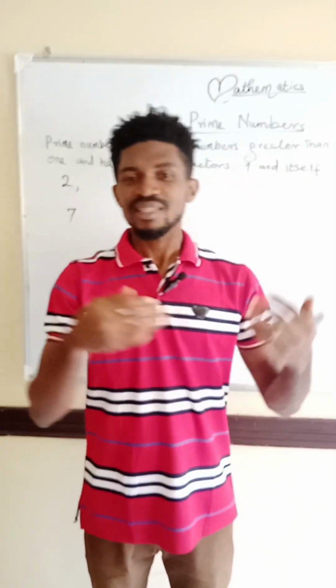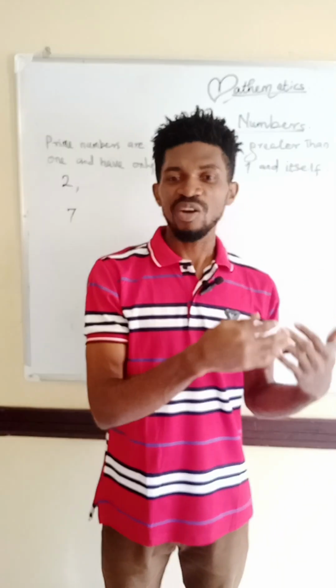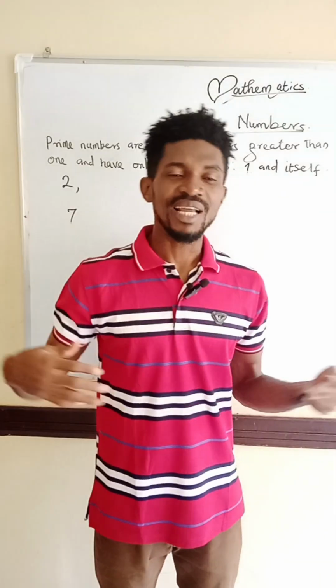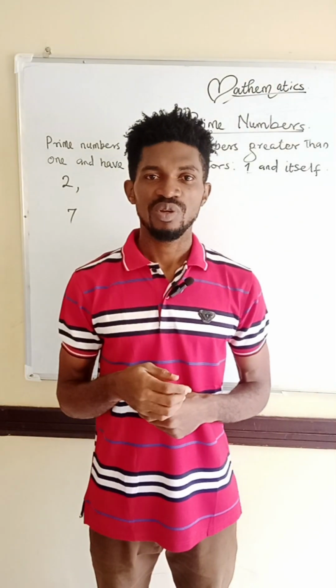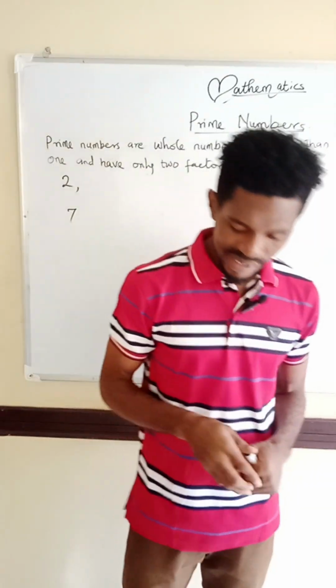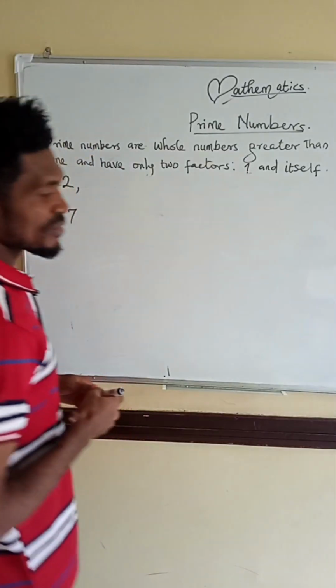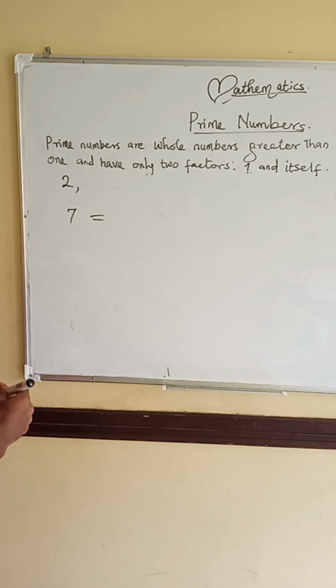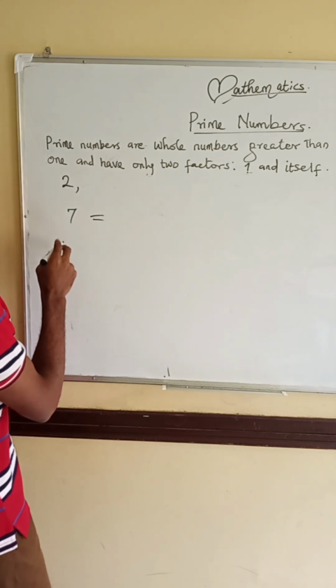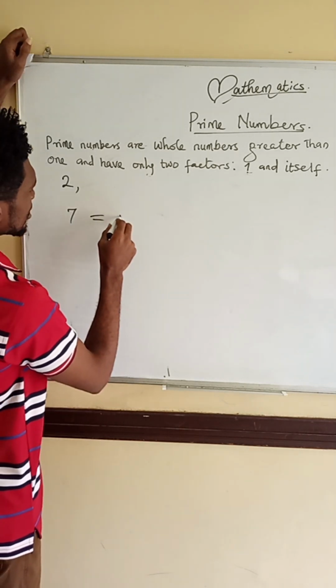They think that all odd numbers are prime numbers. No, it is not so. Don't make that mistake, even as an adult. Let's see if 7 is one of them. 7 actually is an odd number, okay? But let's see how many factors it has.